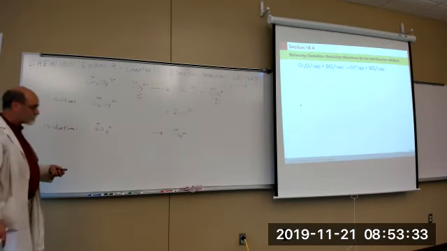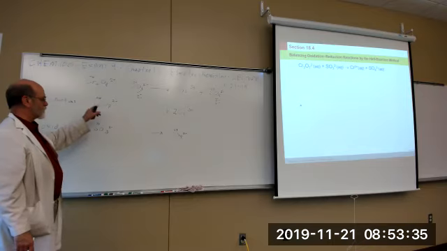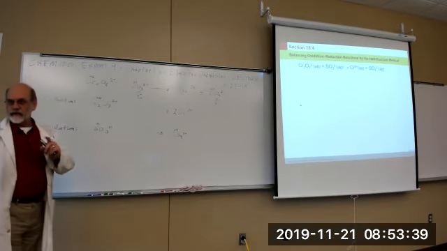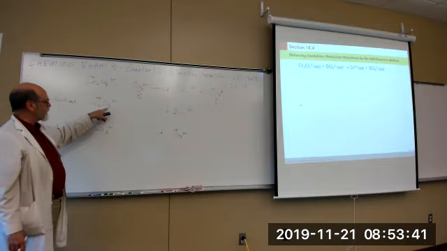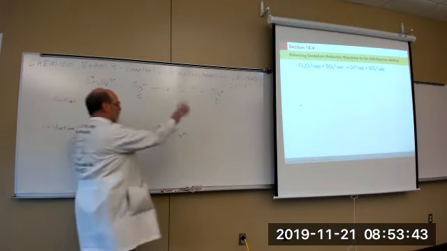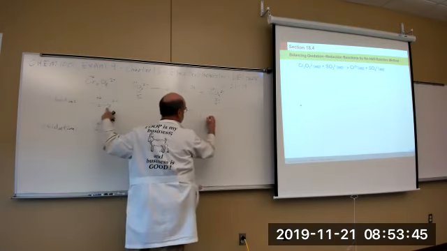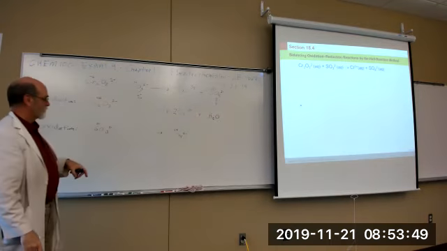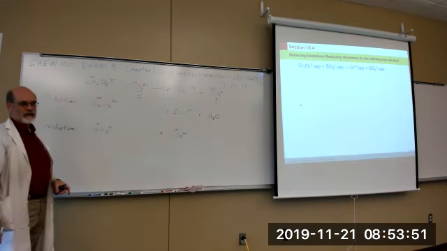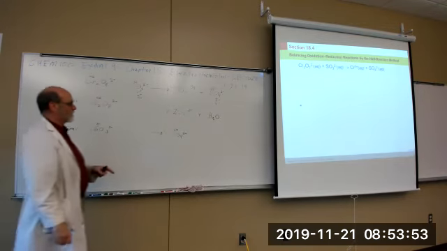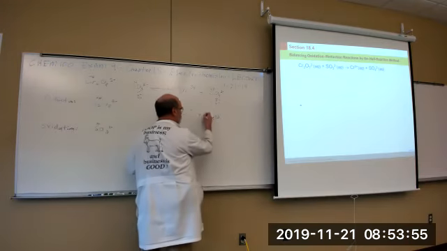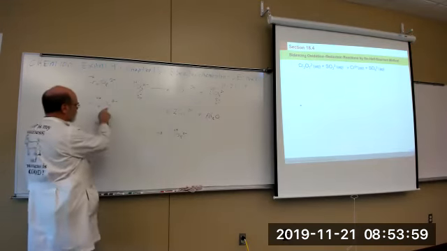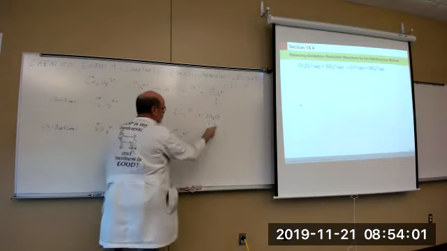Now, how do we balance the oxygens for this one? You start with water. If you've got oxygen on this side, you need oxygen on that side. Right? But how many oxygens do we need? We need 7 oxygens on this side. Okay, so that's 7 oxygens here, 7 oxygens there.